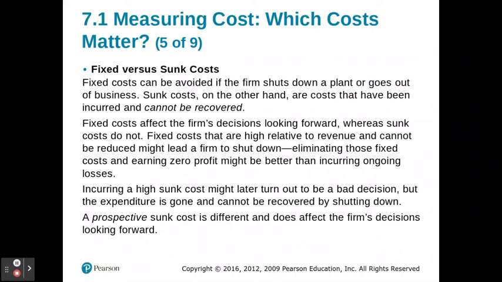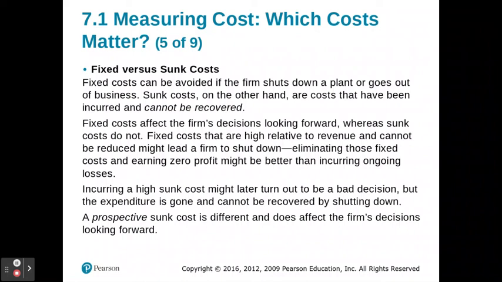Again, the difference of a fixed cost versus a sunk cost. Sunk costs are again something that you're never going to get back.